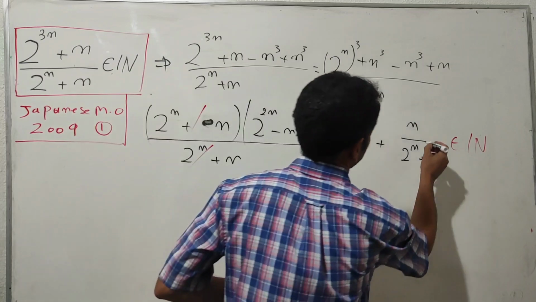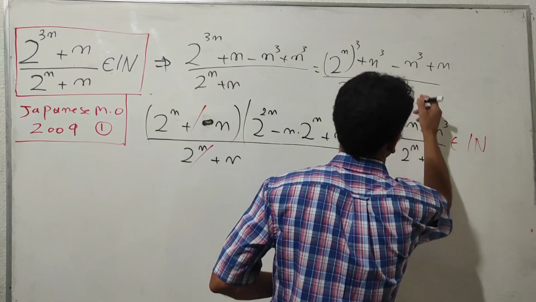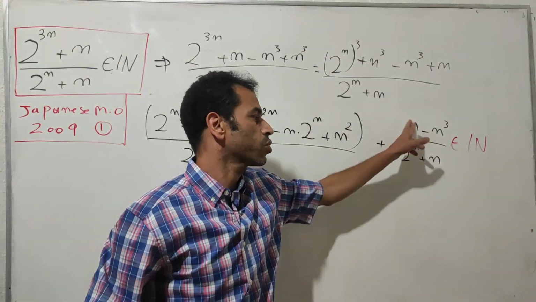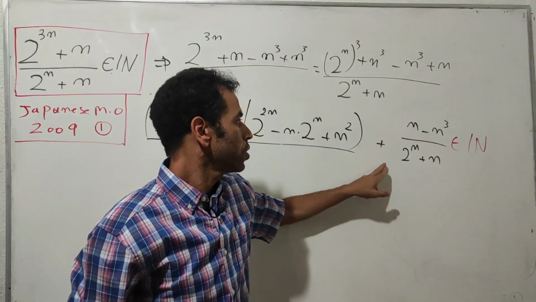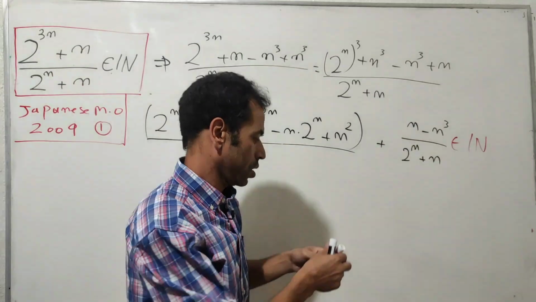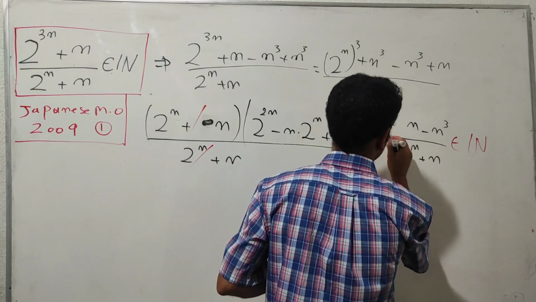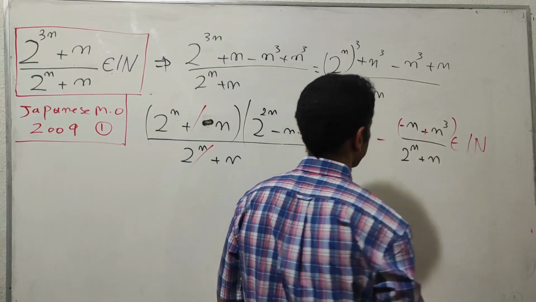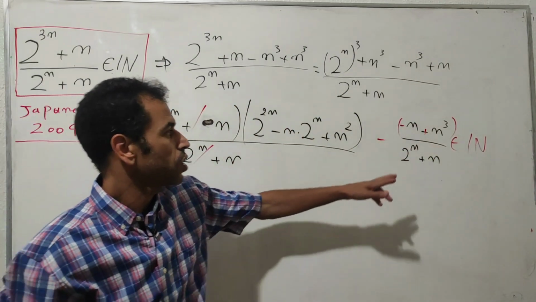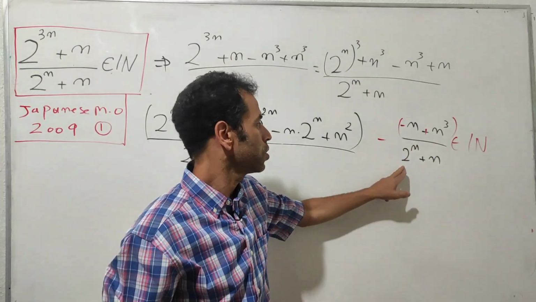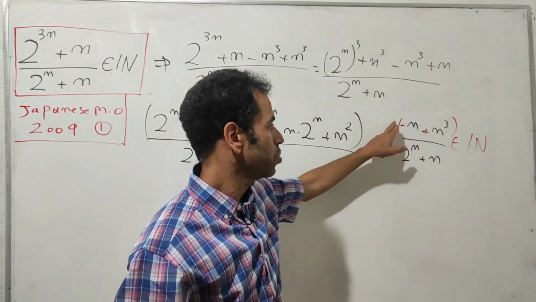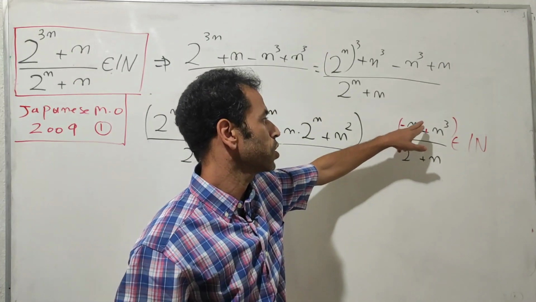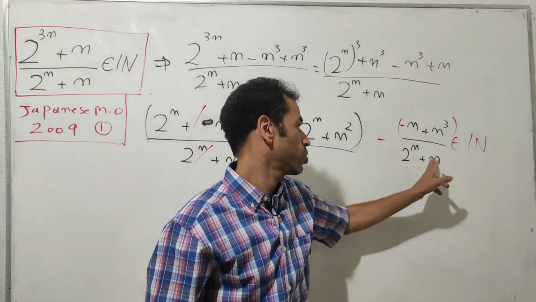So minus n cubed here. As we said, this one is also an integer. Okay, so let's take this minus sign out of these things, it becomes plus here. So we get n cubed minus n here, divided by this one. In order to have the fraction be an integer, the numerator must be bigger or equal to the denominator.